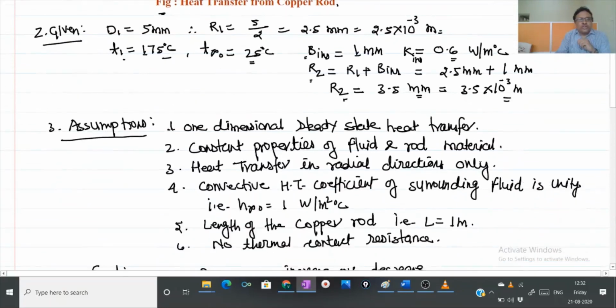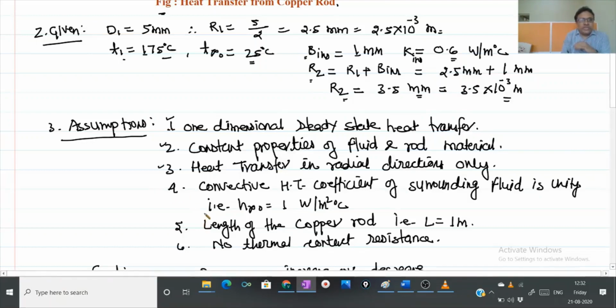In order to solve the problem, let us take some assumptions. Assumption number 1, one-dimensional steady state heat transfer. Assumption number 2, constant properties of fluid and rod material, that is K and H infinity values are constant.